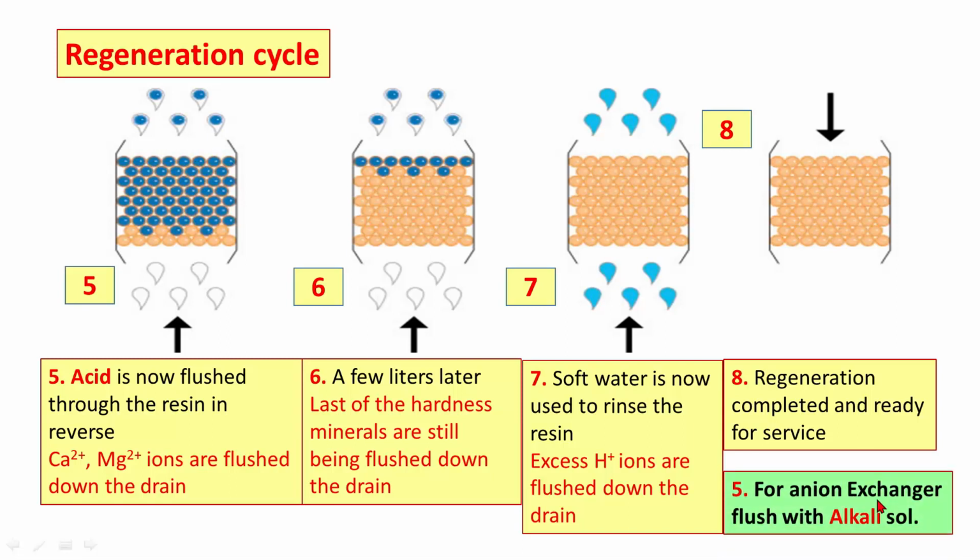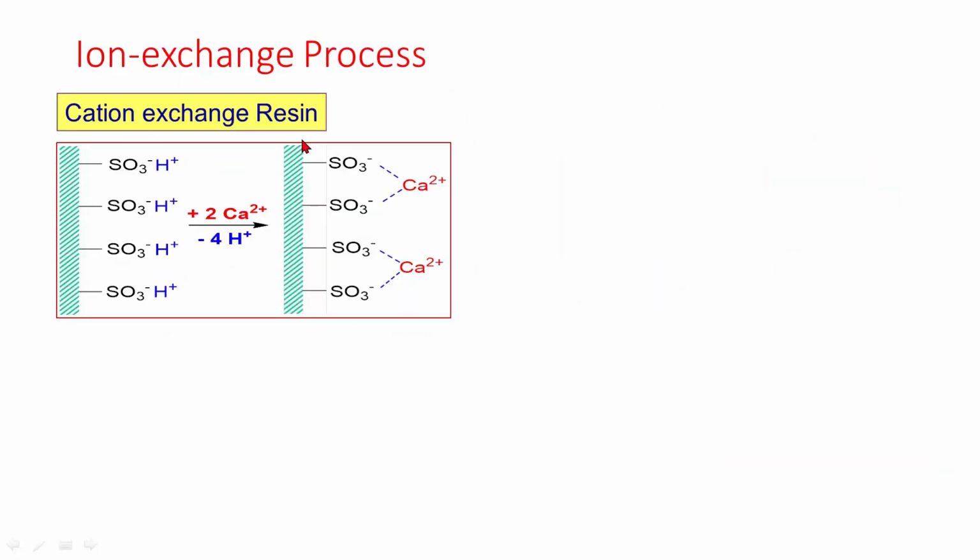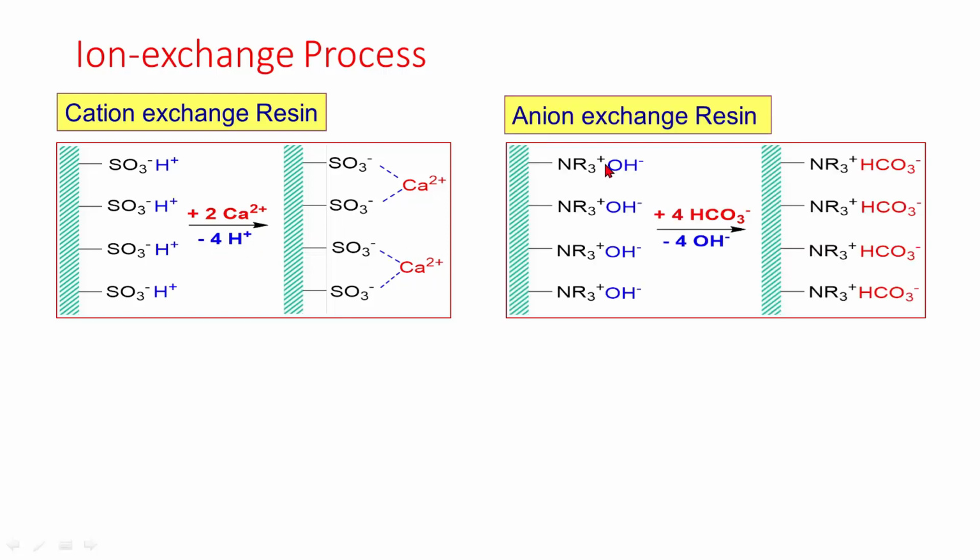For an anion exchanger, one has to flush with the alkali solution. In cation exchange resin, the H ion is exchanged with calcium or magnesium ions. In an anion exchange resin, OH ion is exchanged with the anions present in water.